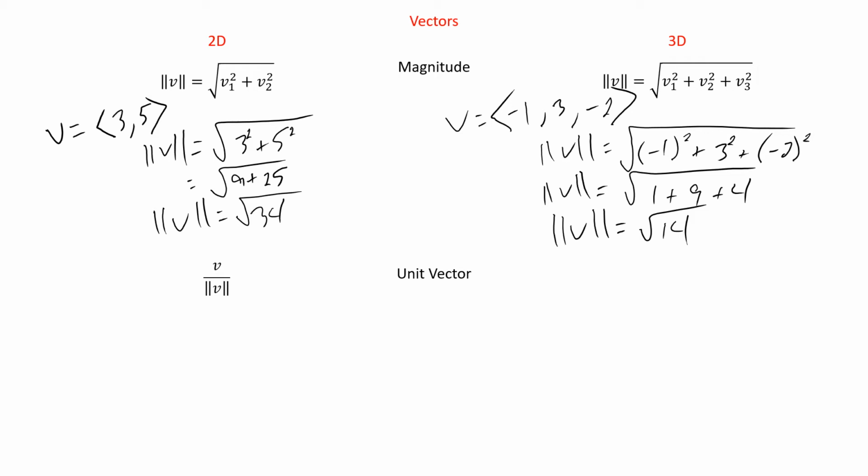So if we use the same one that we just had, our unit vector would be 3 over root 34, comma, 5 over root 34. That would be the unit vector. If we found the magnitude of this, it would come out to be 1, and it goes in the exact same direction as our original vector v.